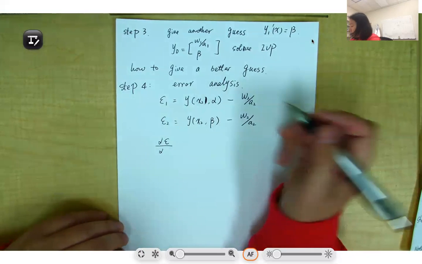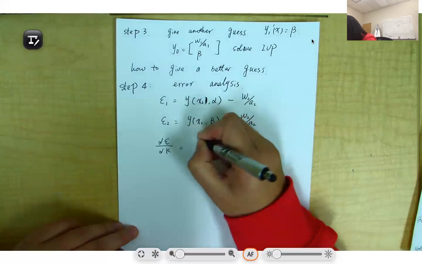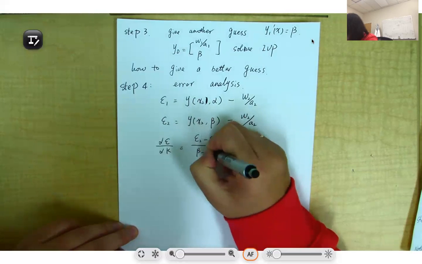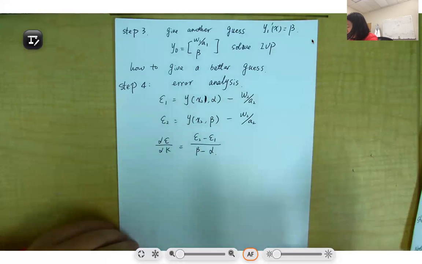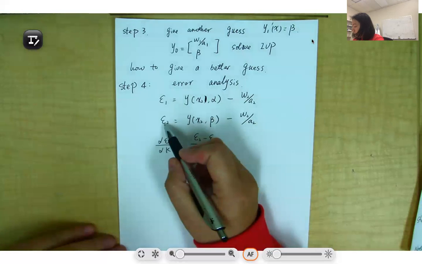We can call it K. That will be equal to error 2 minus error 1, divided by beta minus alpha. So basically the error as a function of your initial guess.